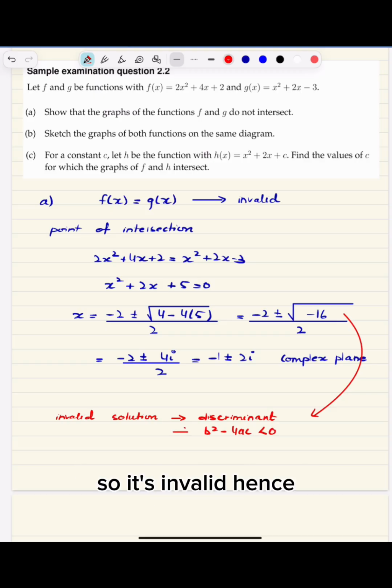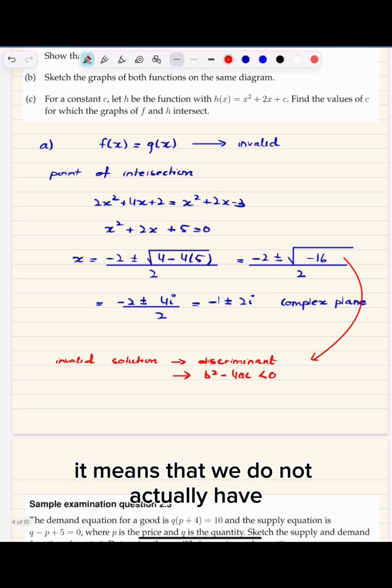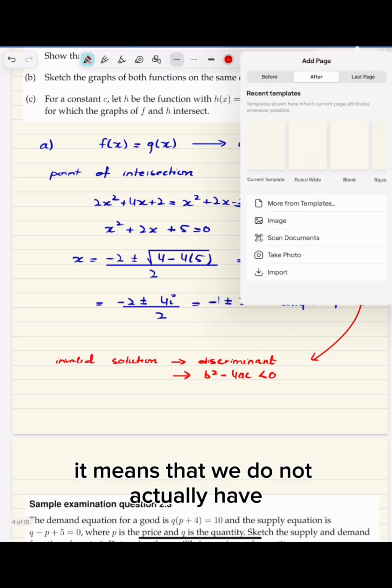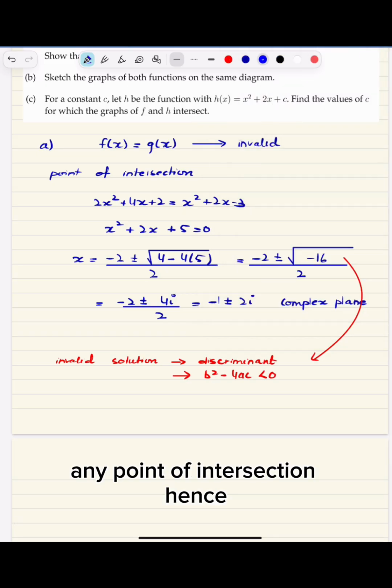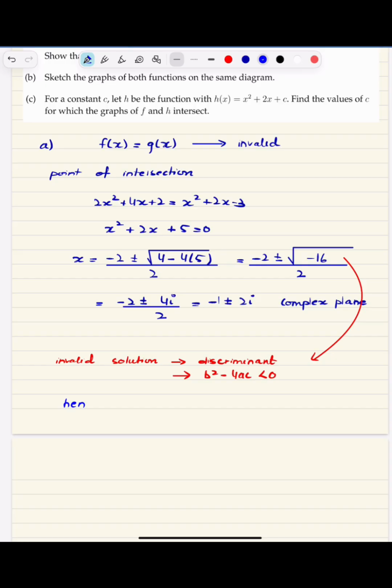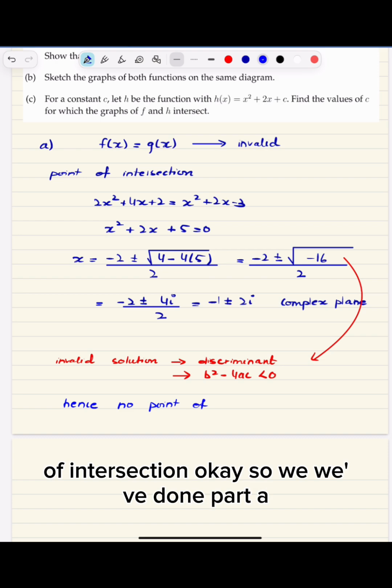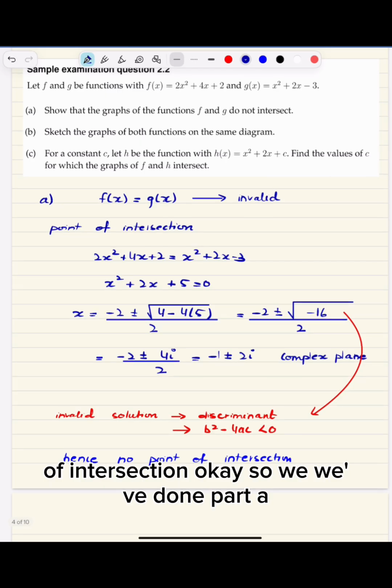So it's invalid. Hence, it means that we do not actually have any point of intersection. Hence, no point of intersection.